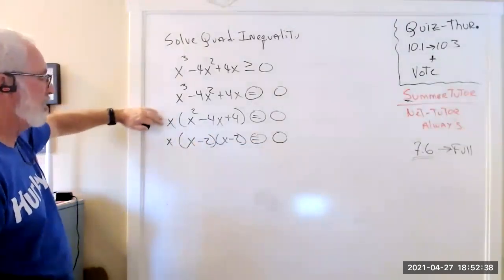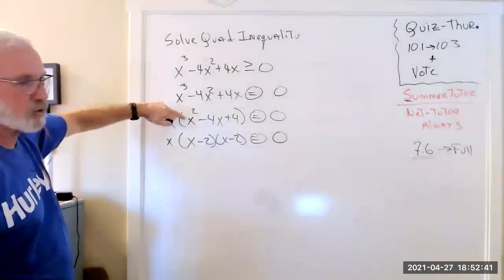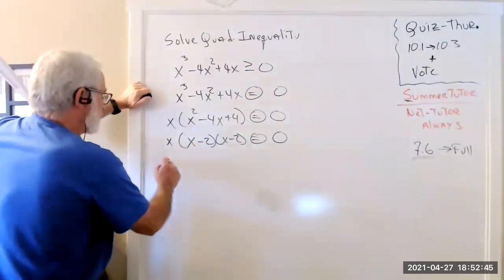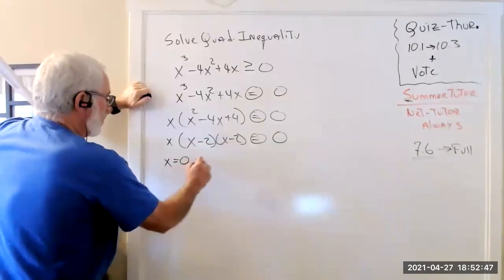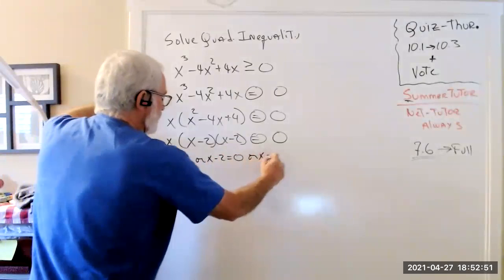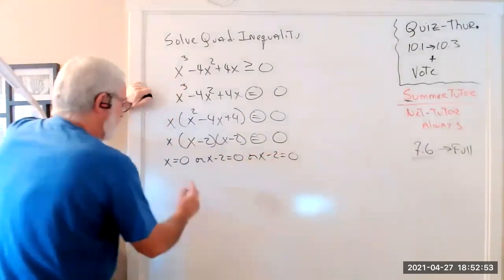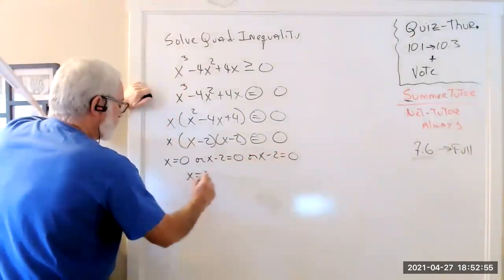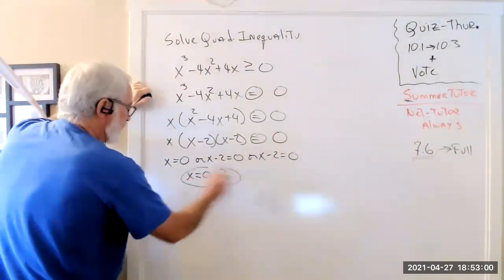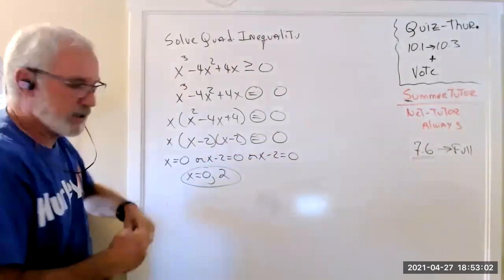Factored out what they had in common, then factored the trinomial. Now, technically, we're supposed to take this apart and say x equals 0, or x minus 2 equals 0, or x minus 2 equals 0. So that gives me x equals 0, 2, and that's also a 2, so it doesn't matter. Okay, we got x equals 0 and 2.